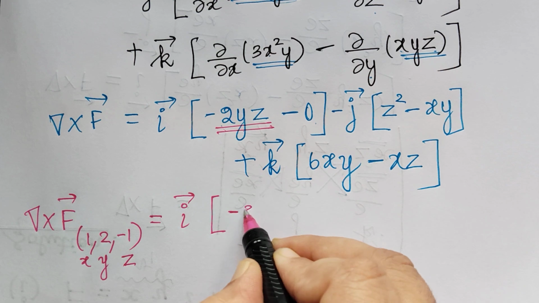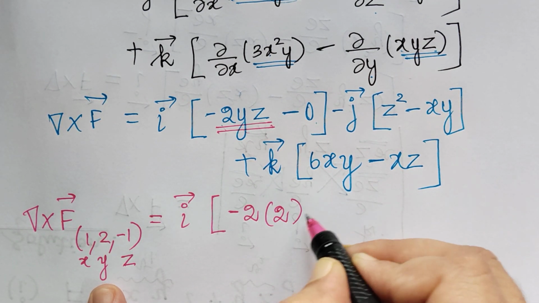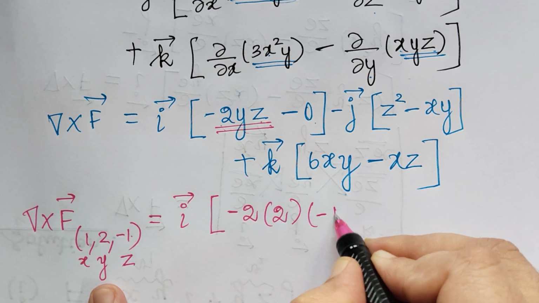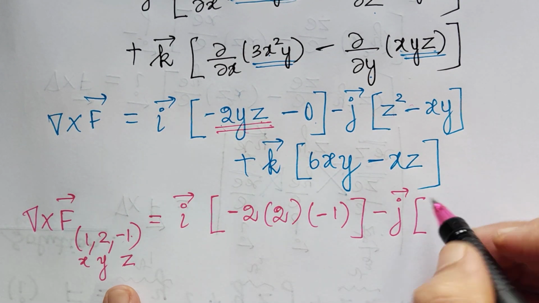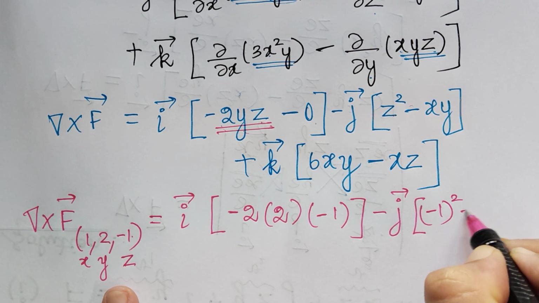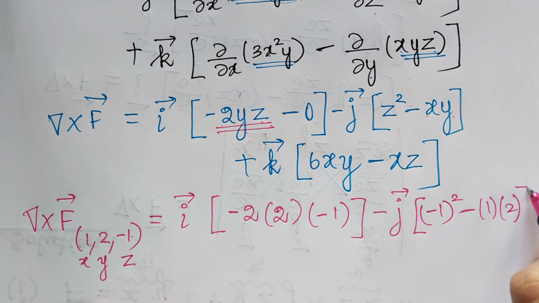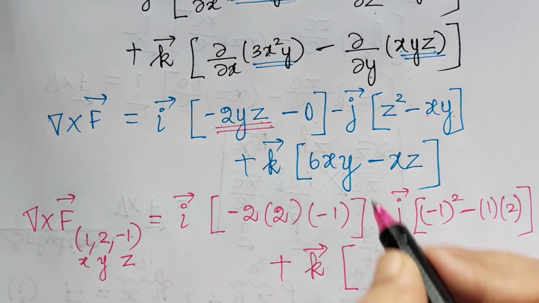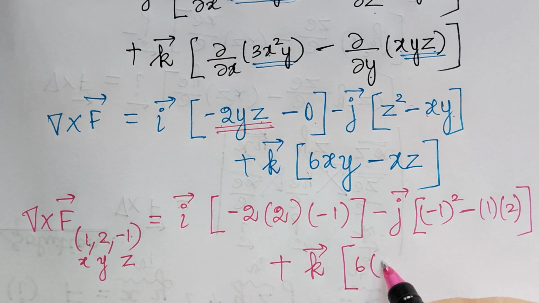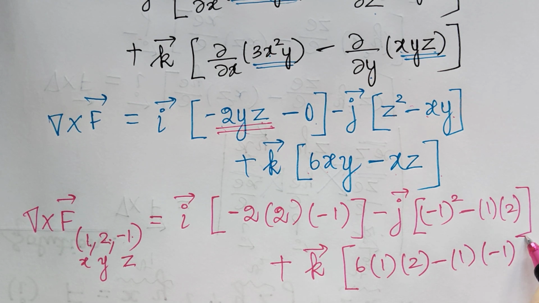So we will be having minus 2 multiplied with y is 2, so 2 multiplied with z is negative 1, minus j vector multiplied with z square, which is negative 1 square, minus xy, x is 1, y is 2, and then plus k vector multiplied with 6xy, so 6, x is 1, y is 2, minus xz, x is 1 and z is minus 1.